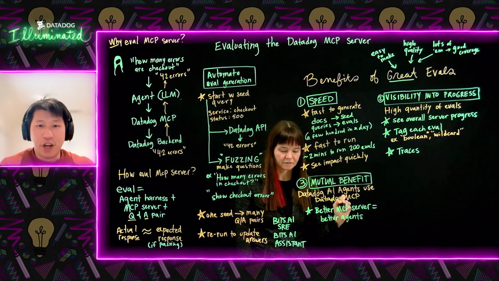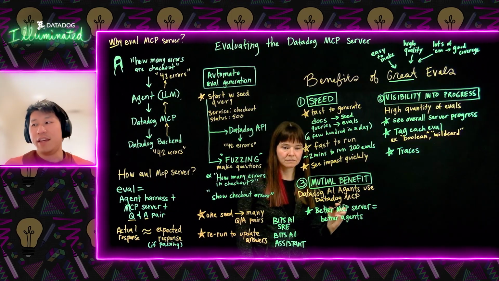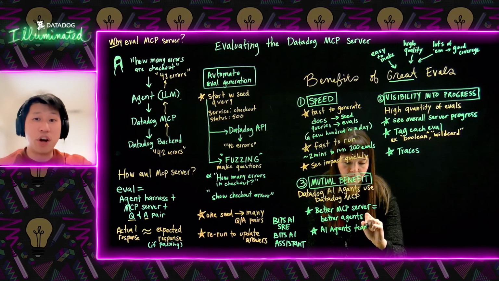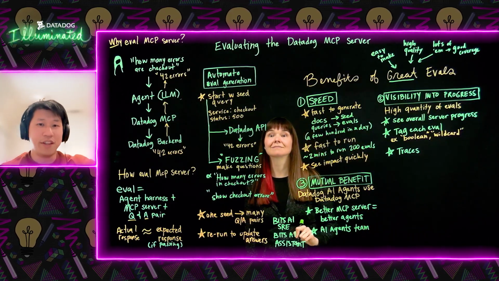And because they are adopting our MCP server, they now want to give us feedback. Our own evals perhaps cover the simple cases, but the AI agents want to do more complicated things. They want multi-turn, they want to try some obscure combination of tool calls.